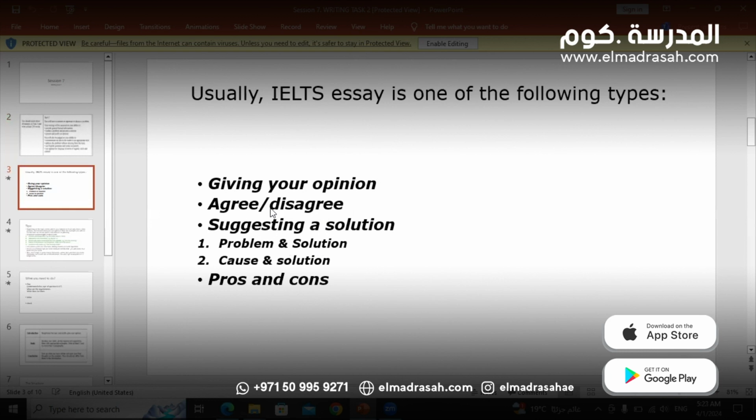So you have to present the problem and the solution for this problem, or you have to present the cause of this problem and the solution for this problem. Also, you can talk about the pros and the cons, the advantages and disadvantages of an idea or a phenomenon in society or the whole world. So this is task number 2.